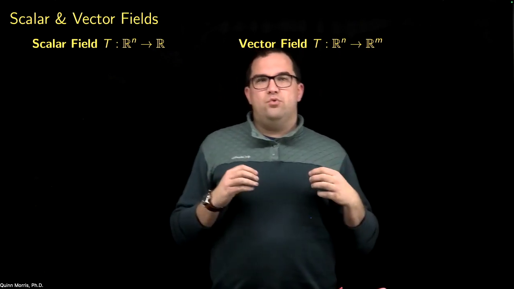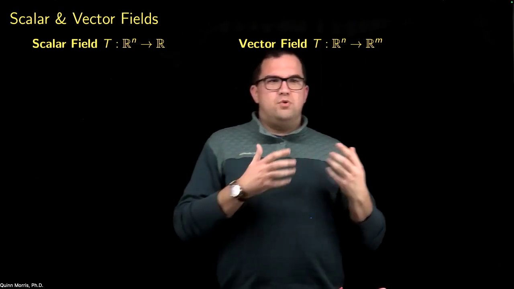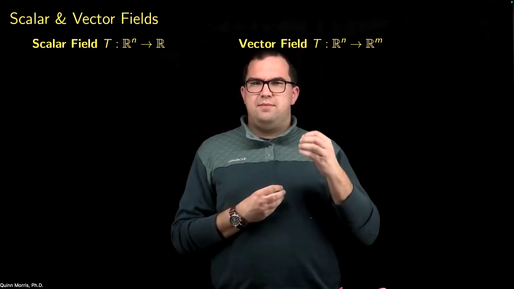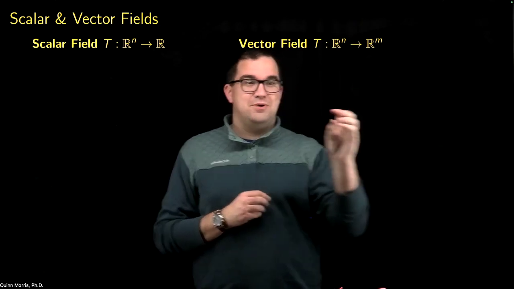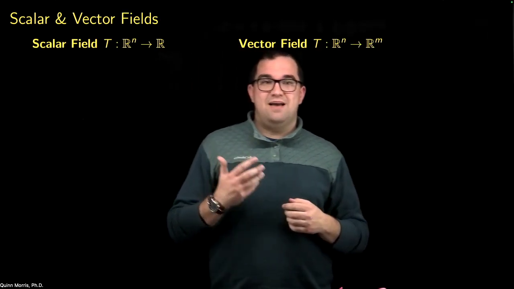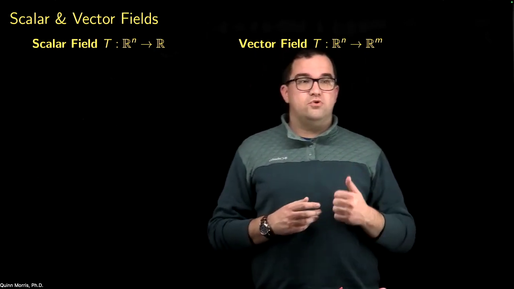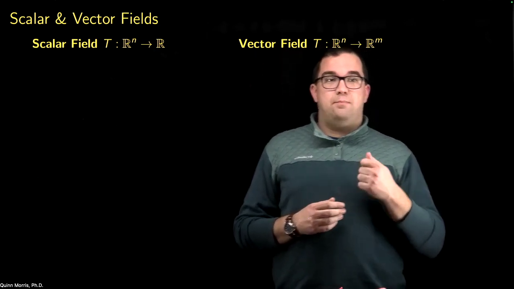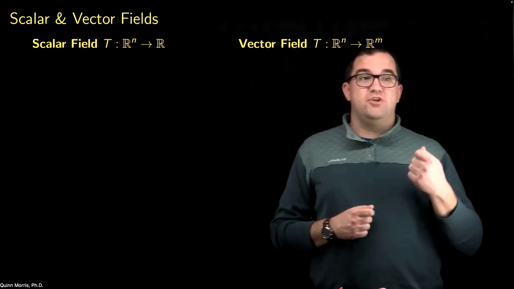If you think back to 5610, we spent a long time making sure we really understood some things about R, not because it was the range so much as because it was the domain. So think for a second about the definition of a limit of a function from R to R. One of the first criteria we needed to check was that the point where we were trying to take the limit was an accumulation point of the domain.